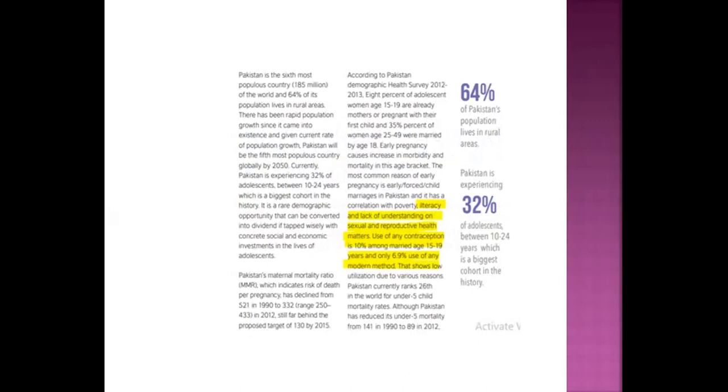Illiteracy, lack of understanding of sexual and reproductive health matters, and use of any contraception is 10% among married women, according to the DHS survey, and 66.9% use any modern method. This shows the underutilization of family planning services.